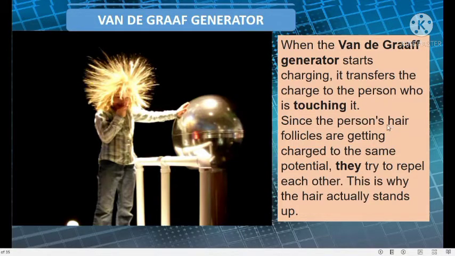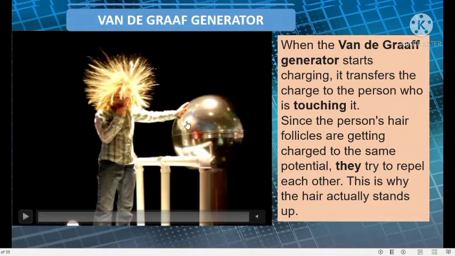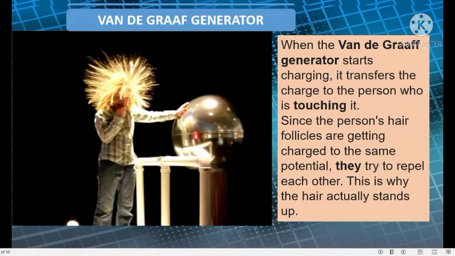Since the person's hair follicles are getting charged to the same potential, meaning the same charge, they try to repel each other. This is why the hair actually stands up. For example, if the dome is positively charged, all the follicles of the hair have the same positive charge, so they produce repulsion. So you can see all the hair stands up.